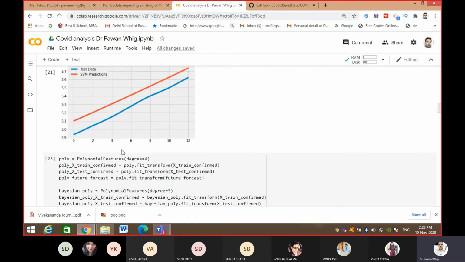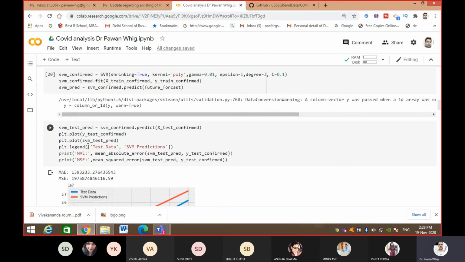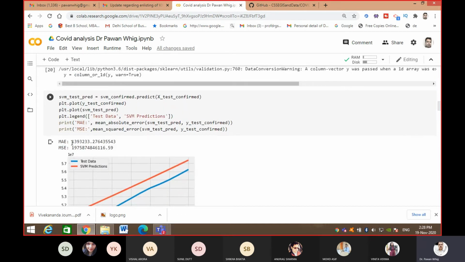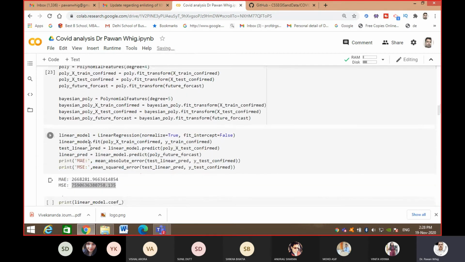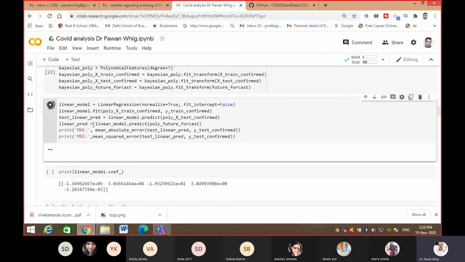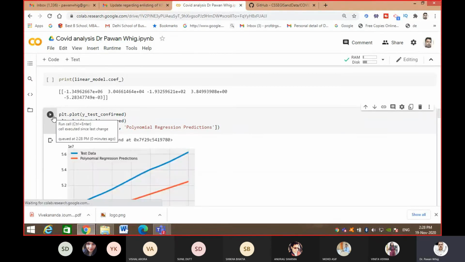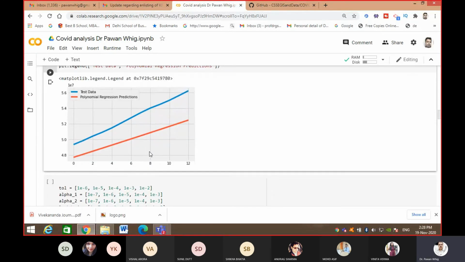So you see the difference: when we did it with SVM, the MAE and MSE are this much, and when we did it with the linear model, the values changed. Now let's plot it with linear regression. This is the graph that you obtained.